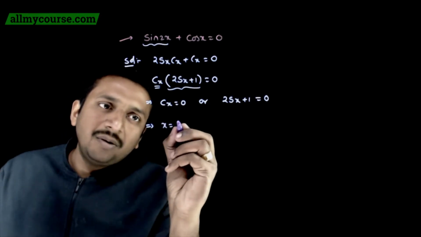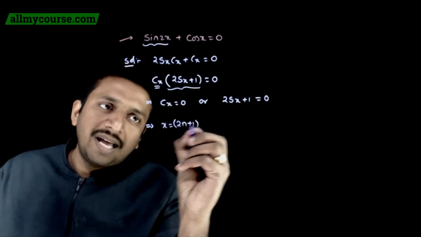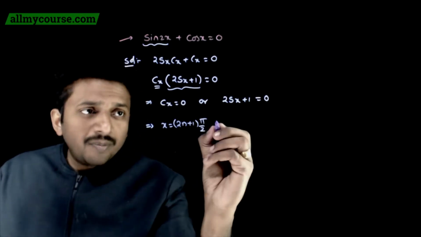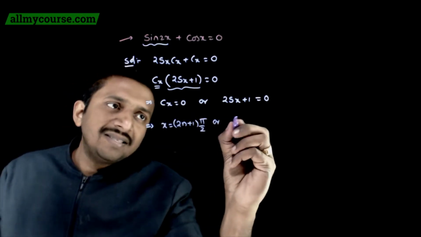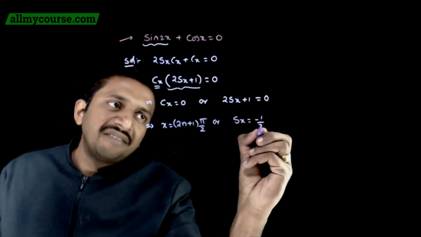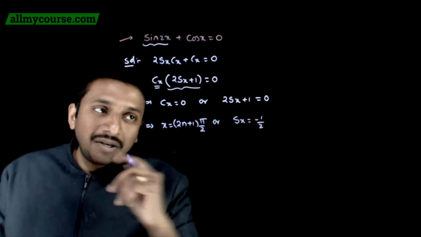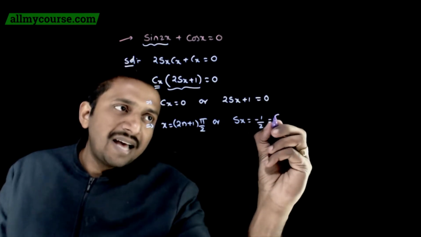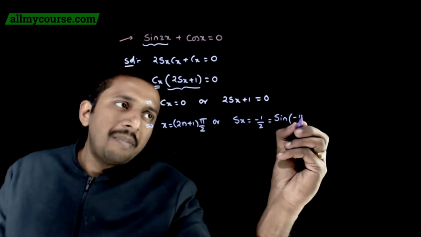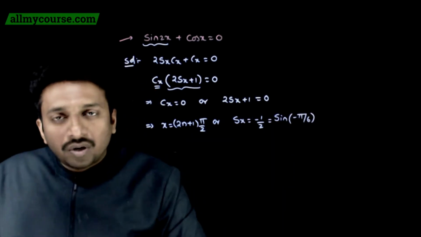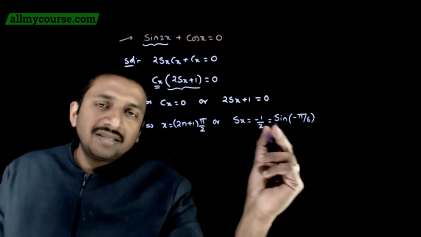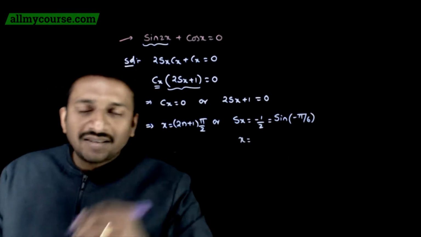So x is equal to (2n plus 1) times pi by 2, or sin x is equal to minus half. What is the angle that you get? I can take minus half as sine of minus pi by 6, in the fourth quadrant. So sin x is equal to sine of minus pi by 6.